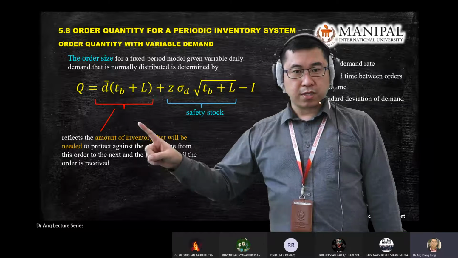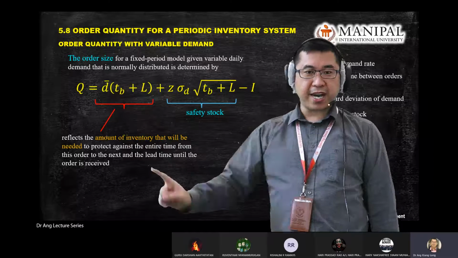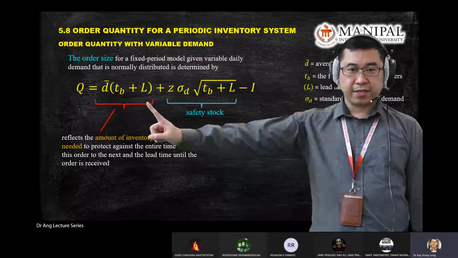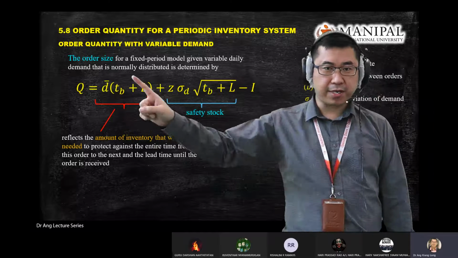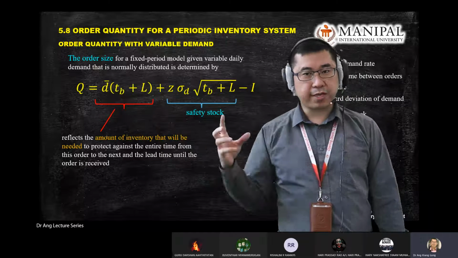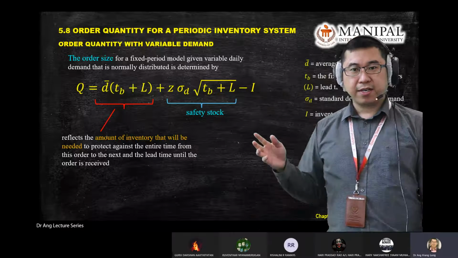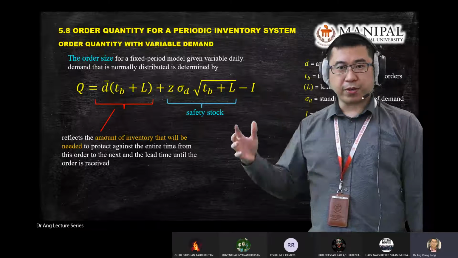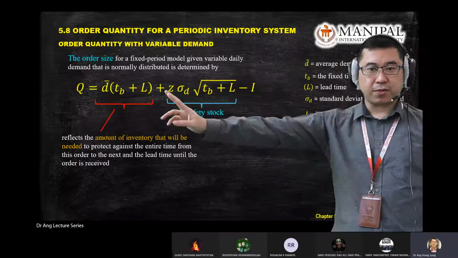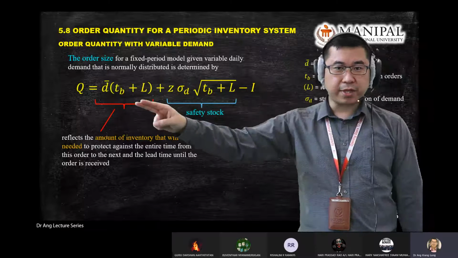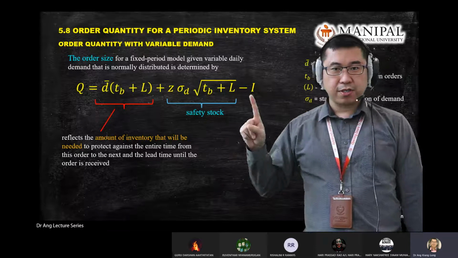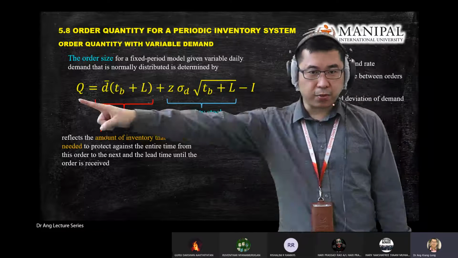So this is an amount that you must have in the inventory. You can see this component, red color one, is a must-have, the quantity that you must have in hand while waiting for your order to come. So the must-have quantity plus safety stocks minus the inventory is your order size.